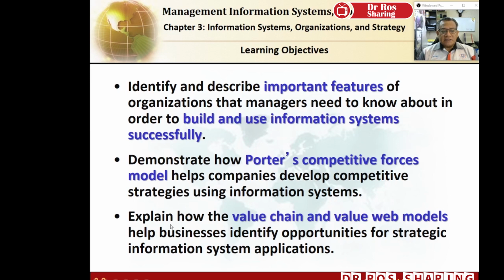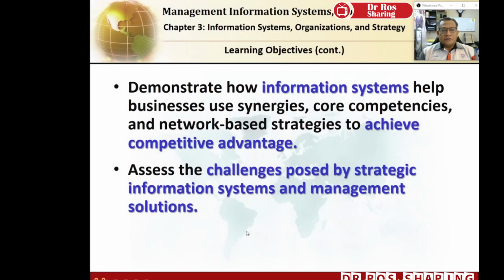The third learning objective is that I need to assist you to be able to explain how the value chain and the value web model help businesses identify opportunities for business information systems and their applications. I also need to help you demonstrate how information systems help businesses use synergy, core competencies, and network-based strategies to achieve a good competitive advantage.